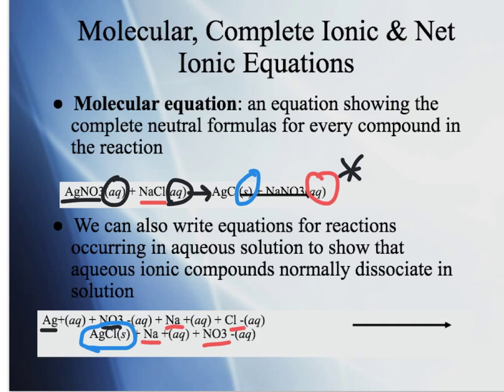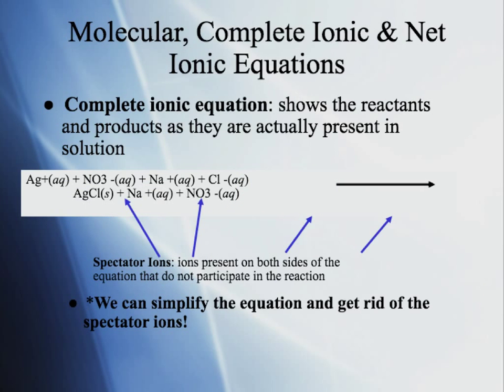So this is what we call a complete ionic equation. A complete ionic equation shows the reactants and products as they are actually present in the solution. Remember, aqueous means that they are free-floating ions.